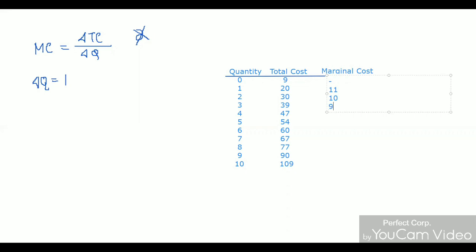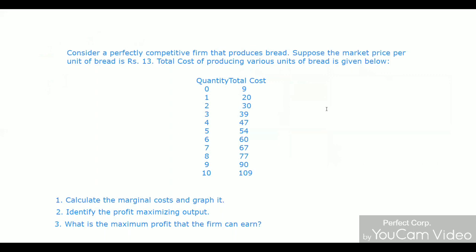Likewise, the marginal cost values will be 9, 8, 7, 6, then 7 again, 10, 13, and for the 10th unit, the marginal cost value will be 109 minus 90, which is 19. So these are the marginal cost values, and the first part of the first question, calculating the marginal cost, is done.